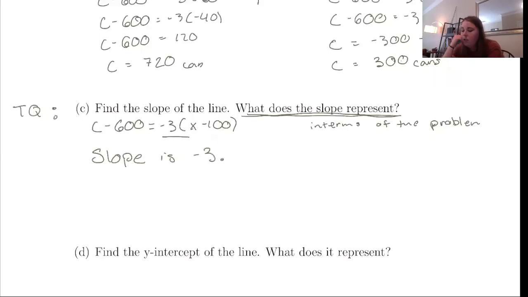What does it represent in terms of the problem? If I were to use things like cans and cents and fewer and something like that, how would you tell the vending machine guy? You just tell him your slope is -3. He's not going to understand what that means. How would you describe what that means to him? Or what's a way that we can tell him?